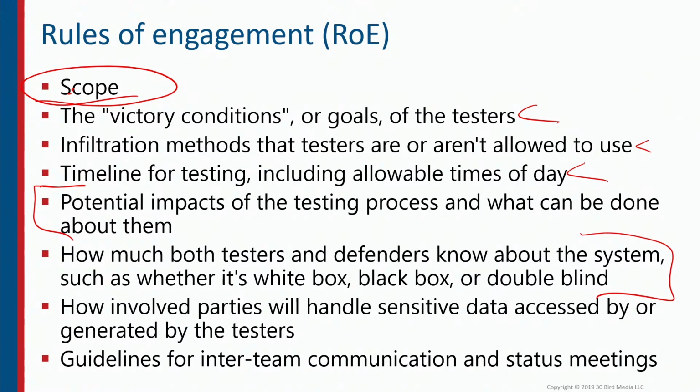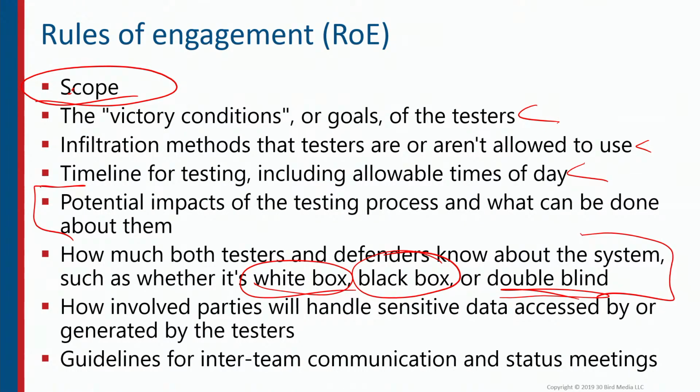You're probably paying for a lot of extra pen tester time if you do a black box test, right? You're basically paying for them to do the work your network administrators should have already done: document the network, come up with a list of systems on the network, all the stuff that can be gathered through OSINT. So white box tends to be more economical.